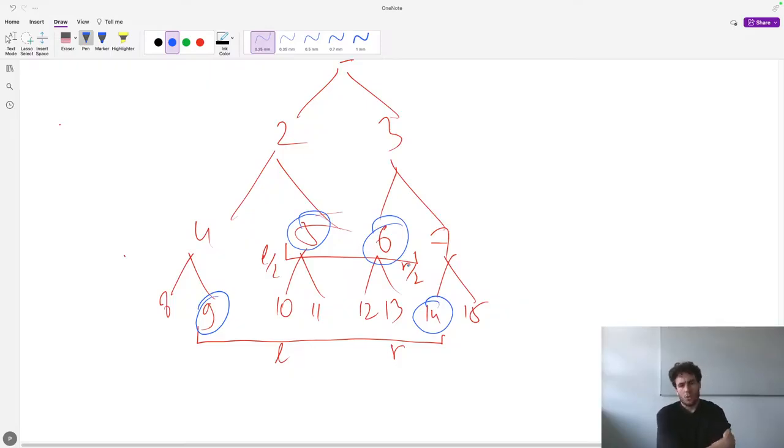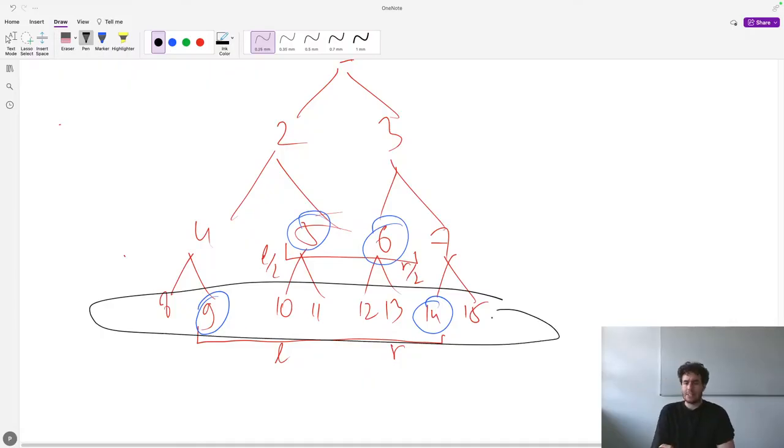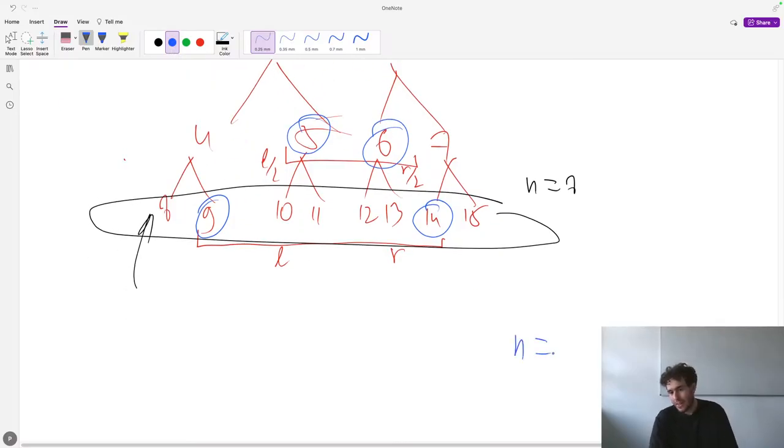So how to build this tree? It's simple. We just put our array in the last level, which is starting from index 8 in this case. You can notice that we start with index 8 whenever the length of our array is 8. Regardless of the length, like n is any power of 2, it's always true that we start with 2 to the k.